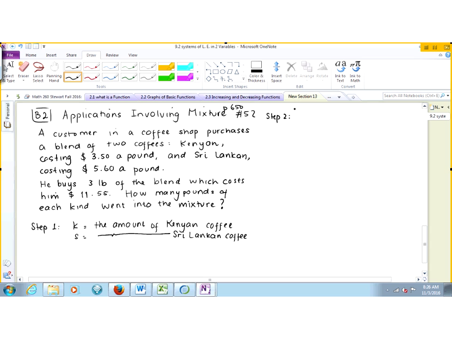Yes, this one we need a table. Same thing, you will have 3 columns, because the last one is a mixture. So you have Kenyan, Sri Lankan, and the mixture. And you have the amount. What's important here is it's talking about the amount.